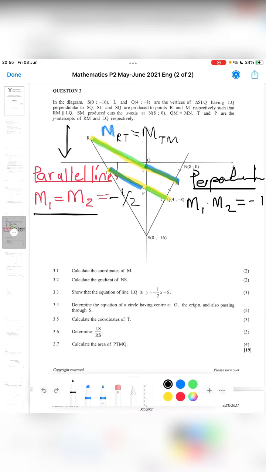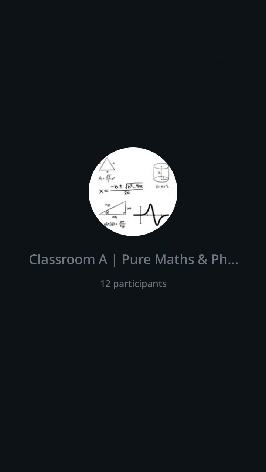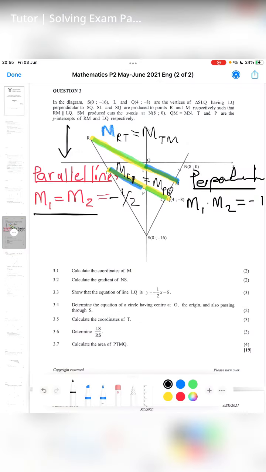And again, here, the gradient of LP is still equal to the gradient of PQ. But in this case, we do know that the gradient of PQ is negative 1/2. And because this line and that line are parallel to each other, this line's gradient is also negative 1/2.